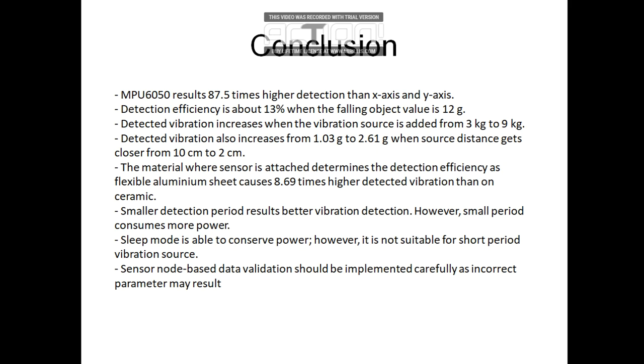So to conclude, the device we use in this experiment, MPU 6050, produces three components of vibrations, and the detected vibration is highest at the Z axis, and detection efficiency is about 13% of the total vibration source. The detected amplitude increases when the vibration source is added from 3 kilograms to 9 kilograms.